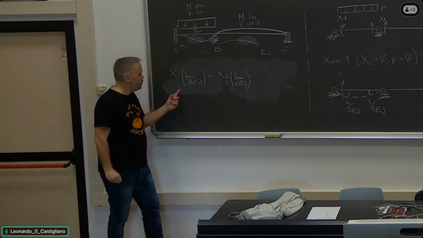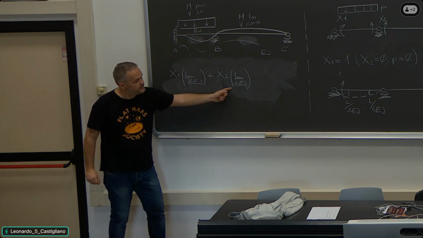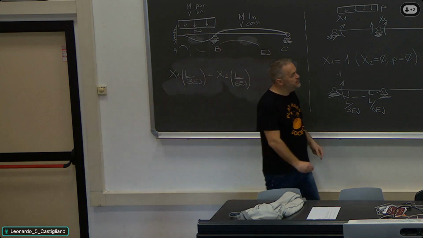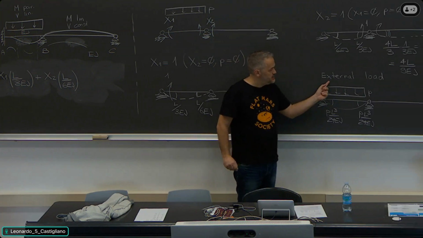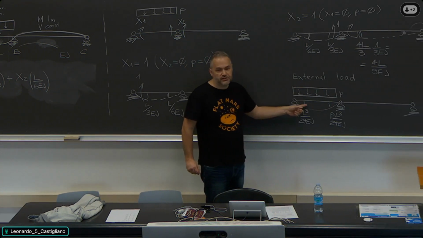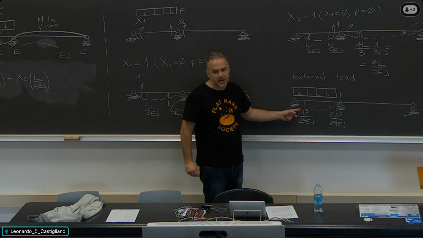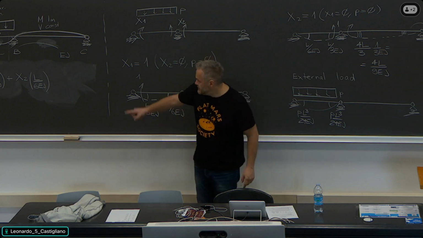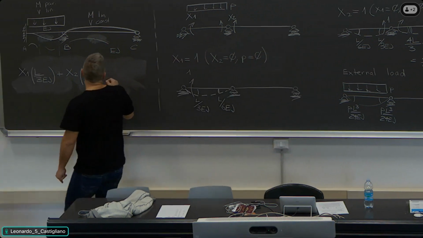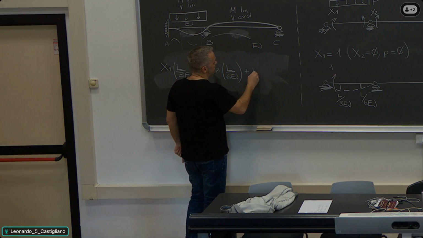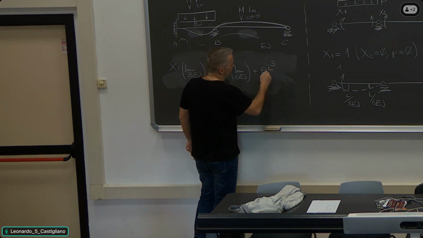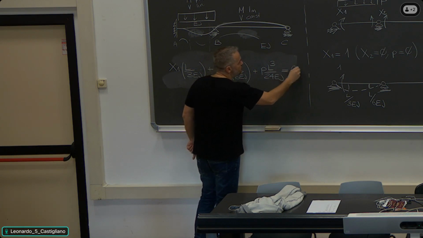Clockwise, clockwise. When the external load is applied on the structure, the rotation is again clockwise. It's PL to the power of 3 divided by 24EJ, meaning that I complete the compatibility equation by writing plus PL to the power of 3 divided by 24EJ, and this should be equal to 0.